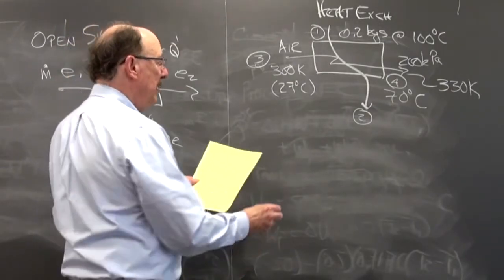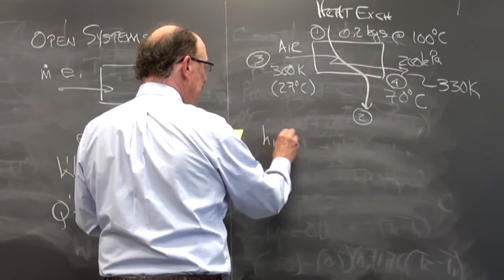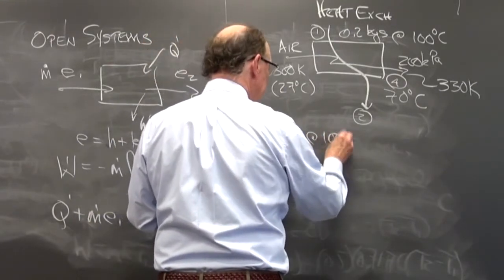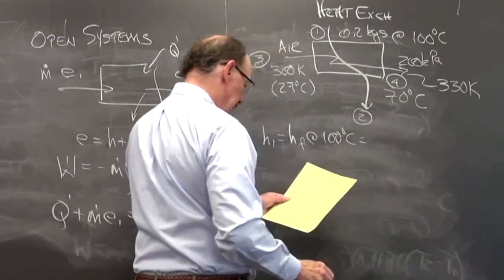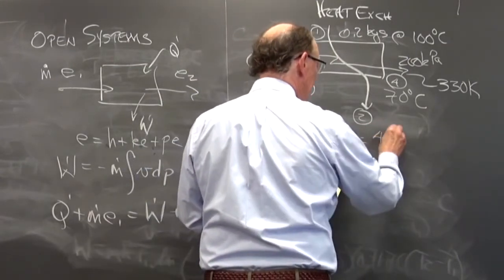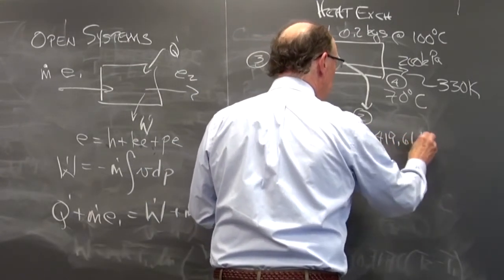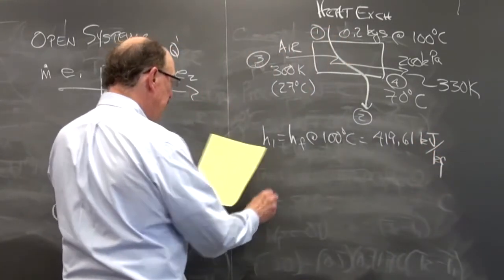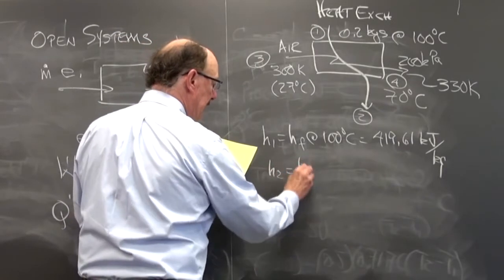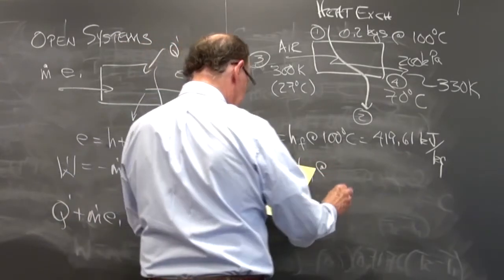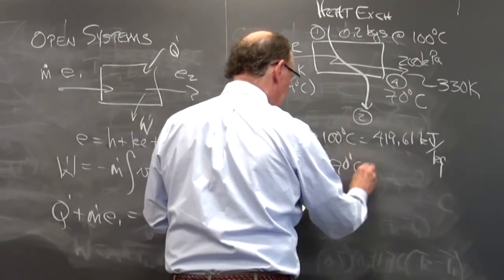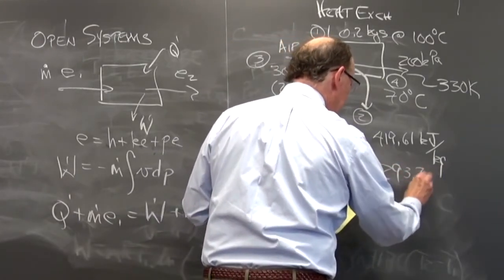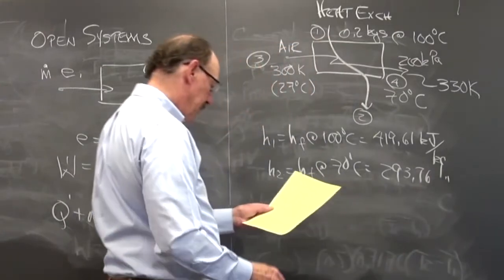So H1 is equal to H sub F at 100 degrees C, and that's 419.61 kilojoules per kilogram. H2 is equal to H sub F at 70 degrees C, so that's equal to 293.76, same property.